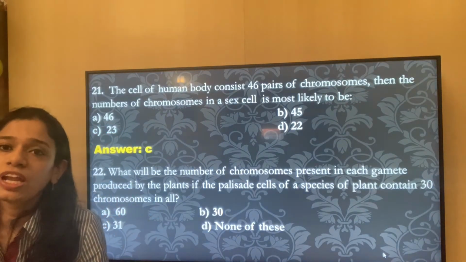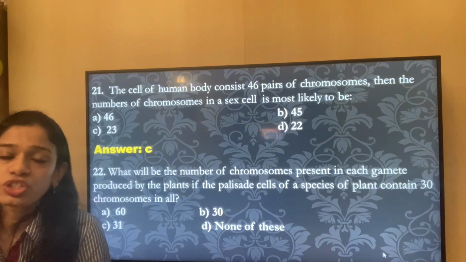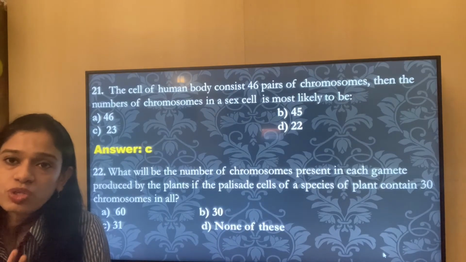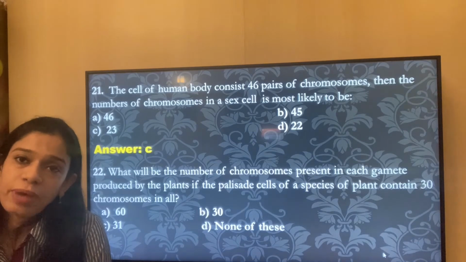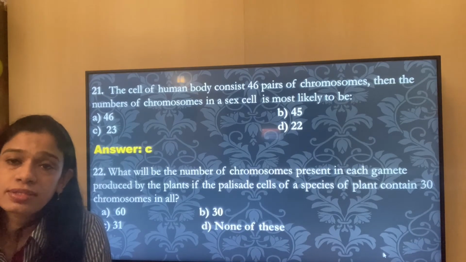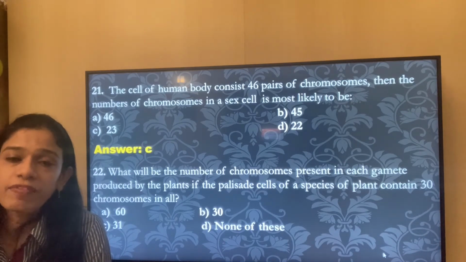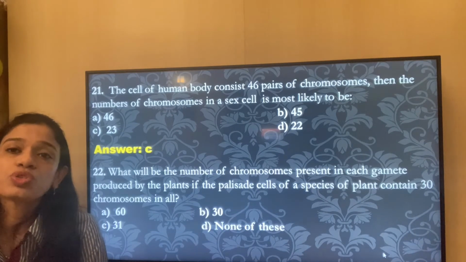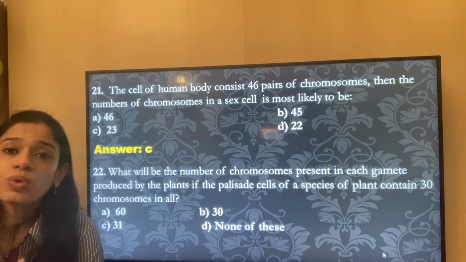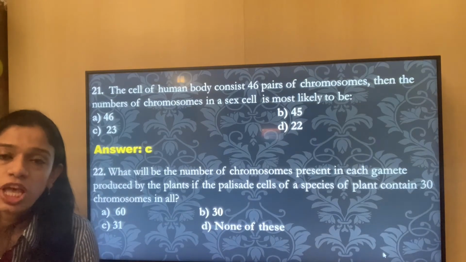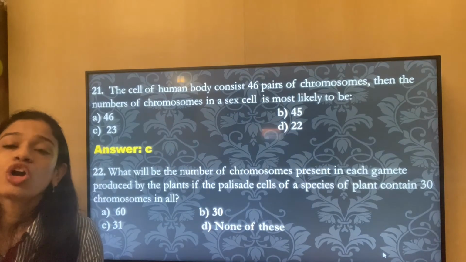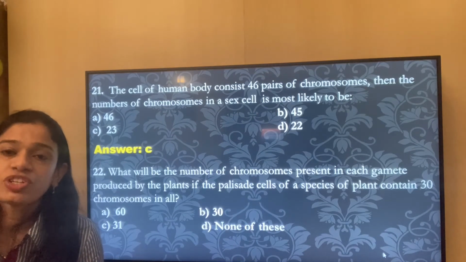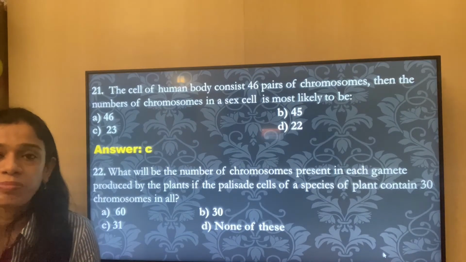When I discussed sexual reproduction, we had told that we humans have 23 pairs of chromosomes, that is 46 chromosomes. Now during the formation of the gamete, all these chromosomes undergo a division known as meiosis, which reduces the chromosome number to half of it. We generally have a chromosome number of 2n, it becomes n.